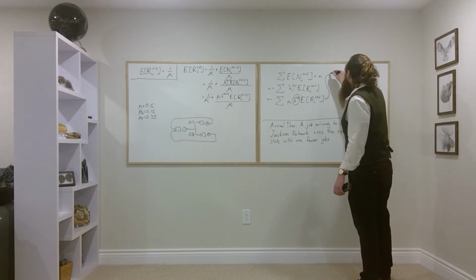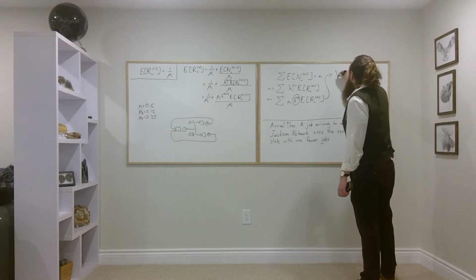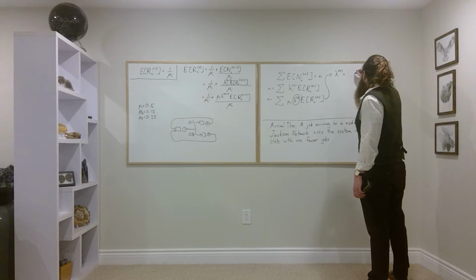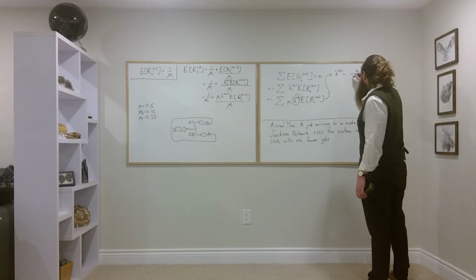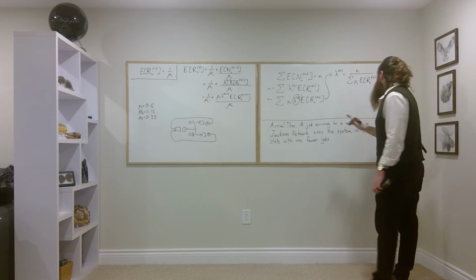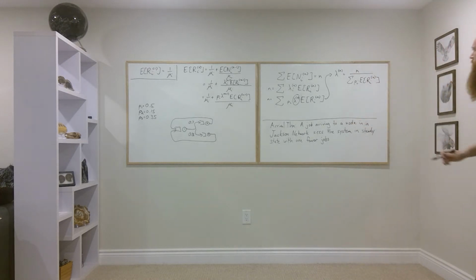So of course this implies that lambda n equals n over some sum of pi, like so. Well, that's for general n.